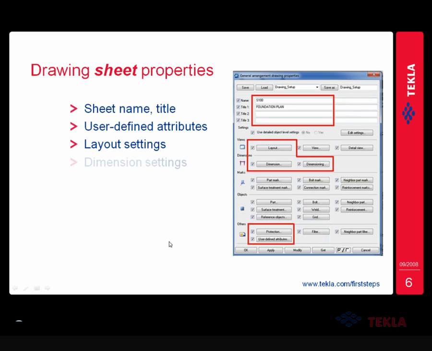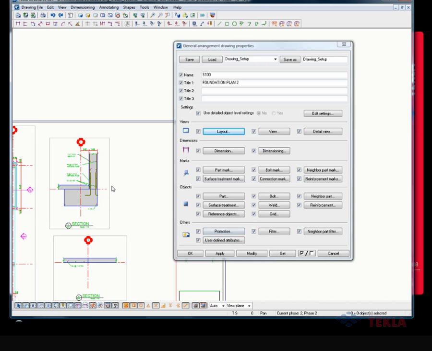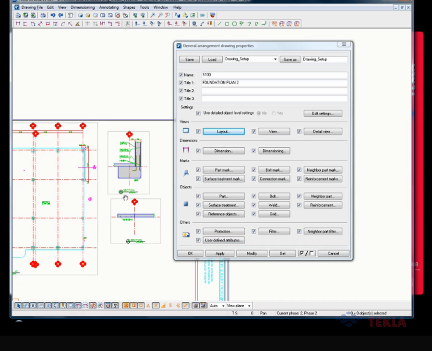So the next topic I wanted to discuss was the dimension settings and the dimensioning tabs. And they're obviously named very similar. And so your first question is going to be, what's the difference between those different settings?